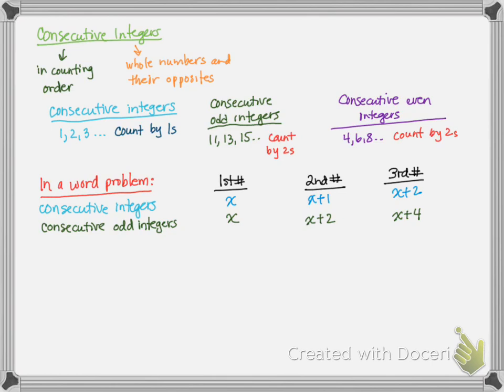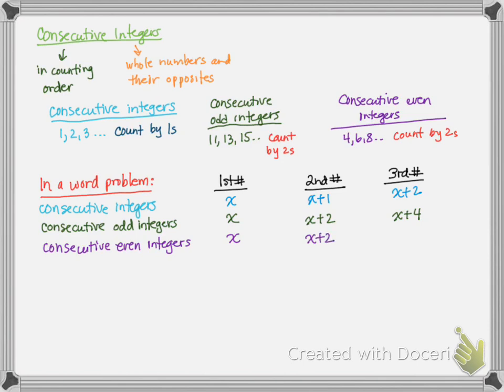Now the interesting thing is, with consecutive even integers, we still have x as our first number, and if I go from 4 being x to 6, I need to add 2 to that number.